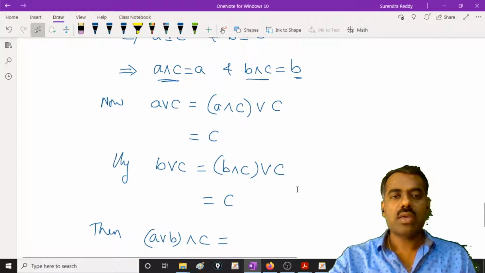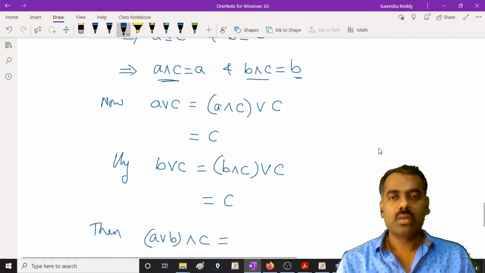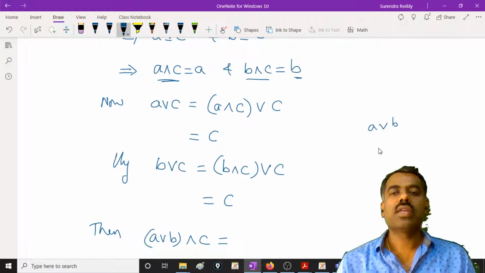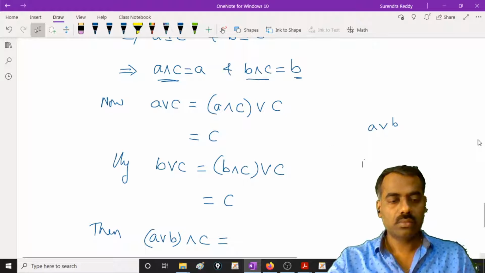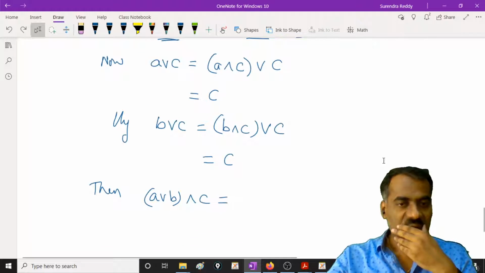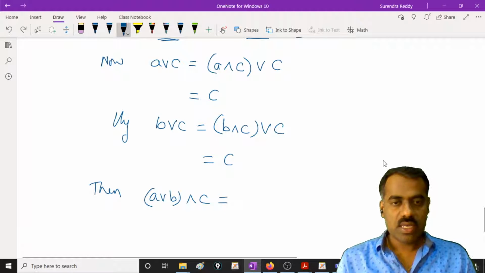We have to take A join B, and show this is somehow the same as A join B only.